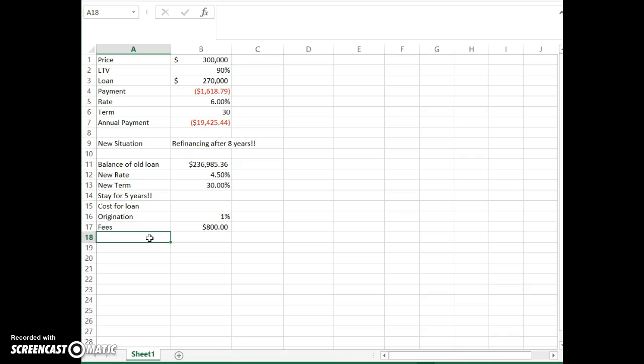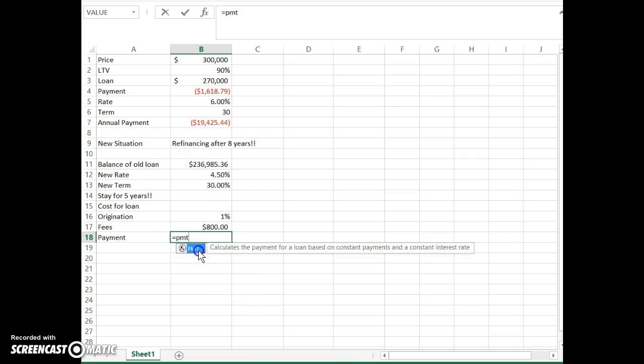Now, we want to calculate the payment. You do equal PMT function. The rate is going to be 4.5% divided by 12. It's still going to be 30 years, comma, and take that new loan. Oh, forgot to multiply that by 12.